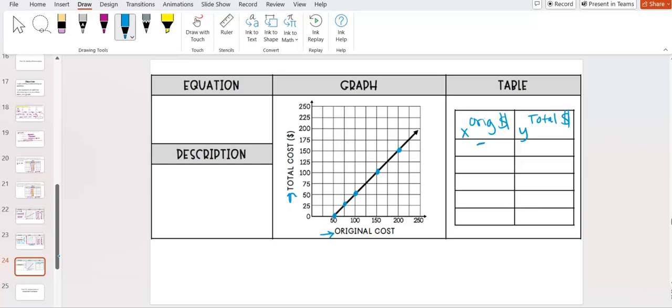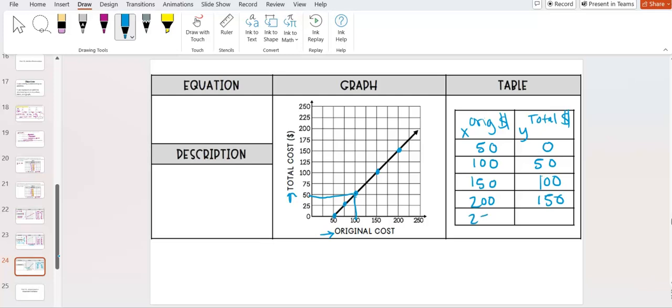So we can start with 50. When x is 50, y is 0. When x is 100, y is 50. Uh-oh, we're going down. We'll have to figure out what this process is. When x is 150, y is 100. When x is 200, y is 150.